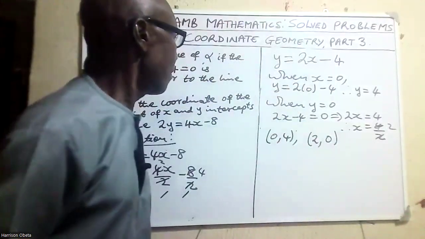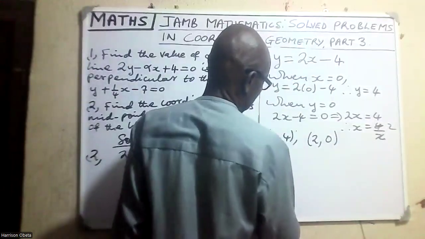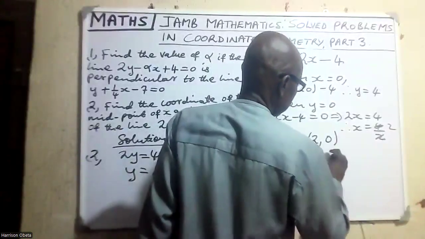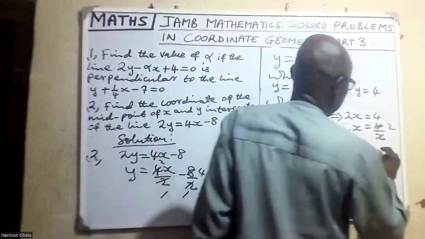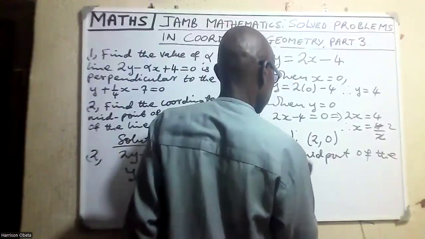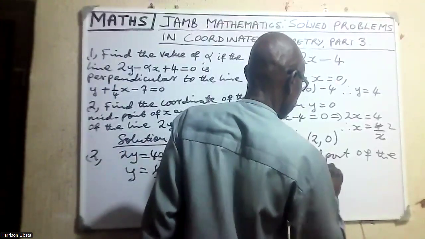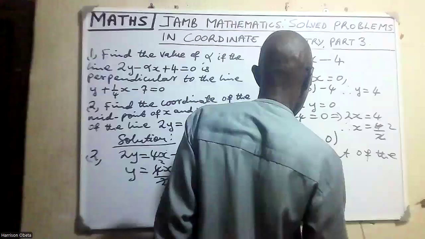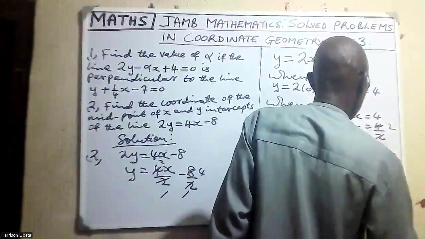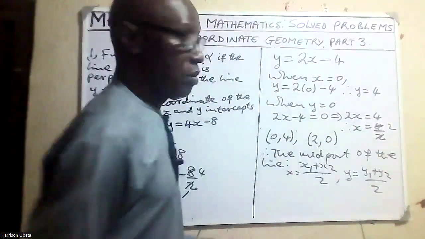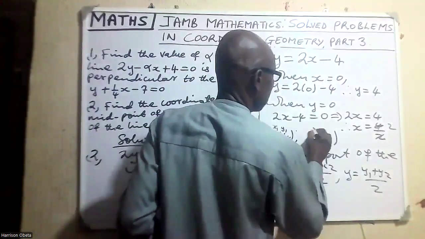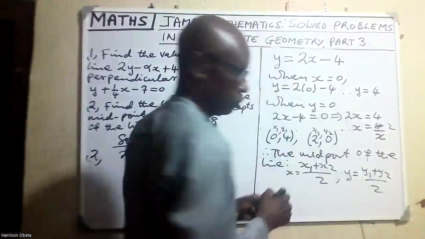So for us to find the midpoint of the line, x equal to x1 plus x2 over 2, comma, y equal to y1 plus y2 over 2. So coming back, remember our x1, y1, x2, y2.